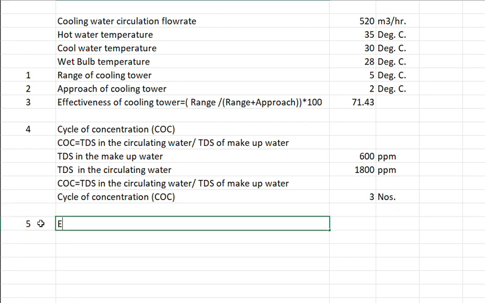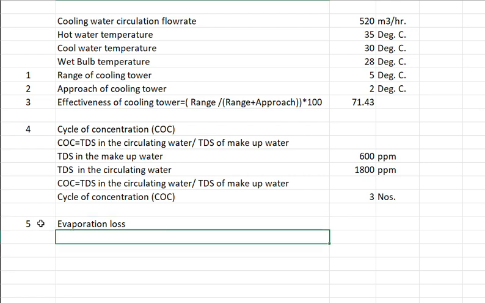Then second, as you know, there are evaporation losses during the cooling tower operation. If you have checked the cooling tower working, above the fan you will observe some vapors flowing. That is actually the evaporation loss.